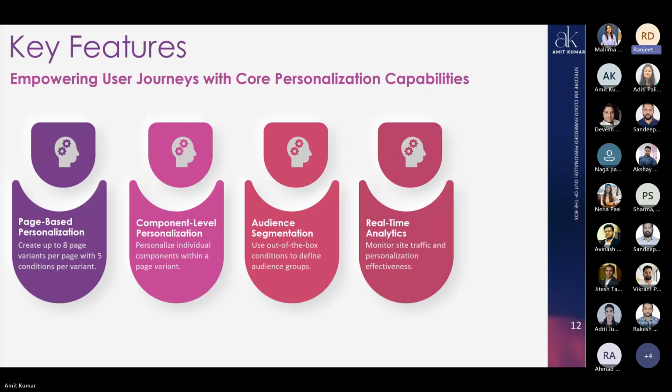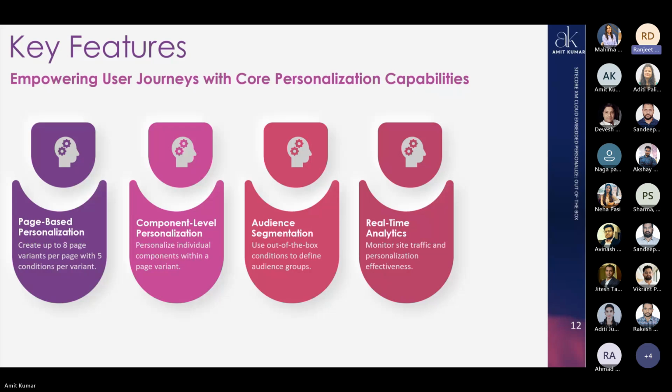Secondly, at the component level. Instead of changing the entire page, you can personalize individual components like banners, CTAs, or product tiles, which is useful when you want to tweak just a part of the page without creating full page variants. Third thing is audience segmentation.